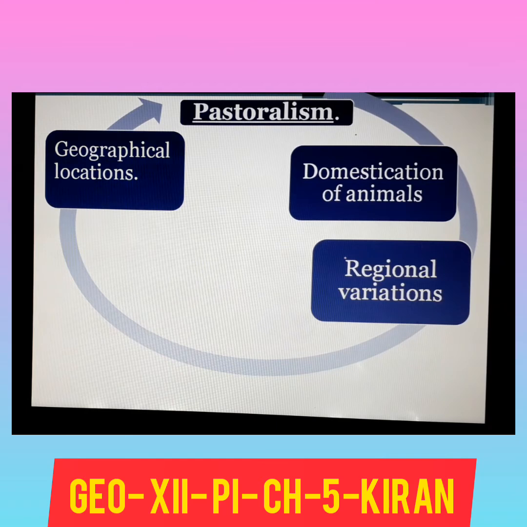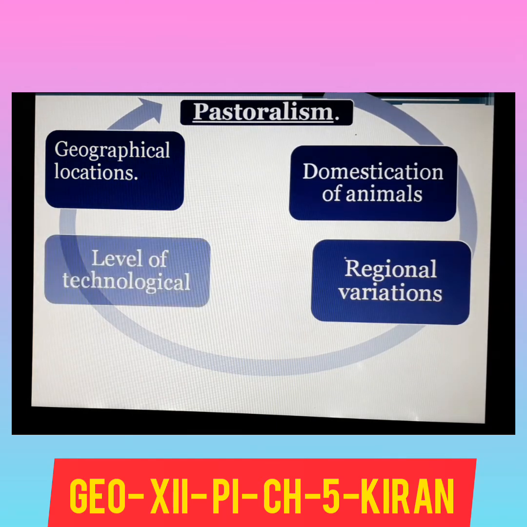The geographical locations play a very important role. The locations like mountains, coastal areas, grasslands, and forest areas, the different types of animals are reared. And here the level of technology is also low since it is related to pastoralism.